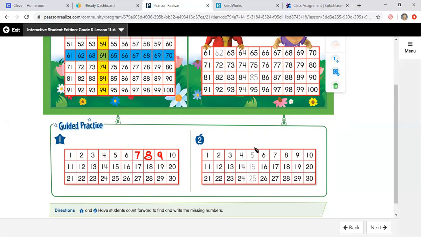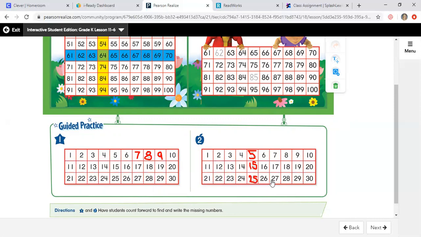For number 2, these numbers are missing, so let's count forward together. All right, 1, 2, 3, 4, 5, 6, 7, 8, 9, 10, 11, 12, 13, 14, 15, 16, 17, 18, 19, 20, 21, 22, 23, 24, 25.